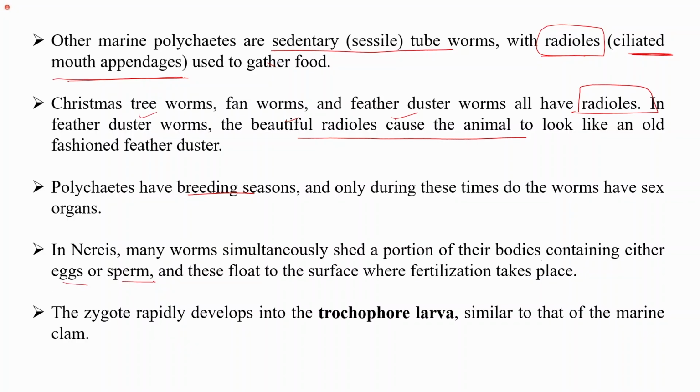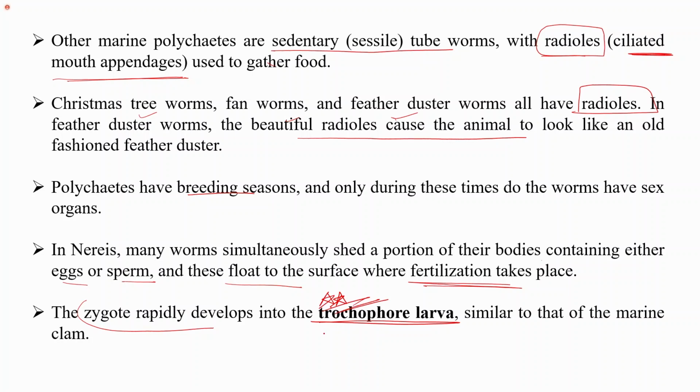So how does fertilization take place? Fertilization here is external. The shed portion contains either egg or sperm, and these float to the surface where fertilization takes place when the eggs come in contact with the sperm. Then the zygote rapidly develops into the trochophore larva. So they have a larval stage, the trochophore larva.